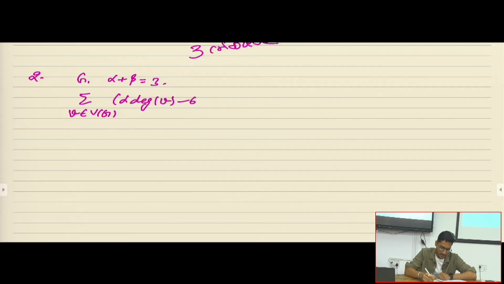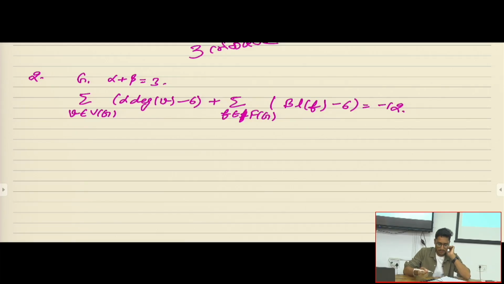We are given a plane graph G and given that alpha plus beta is equal to 3, and we have to prove that the summation over vertices v of alpha times (degree of v minus 6) plus the summation over faces f of beta times (length of f minus 6) is equal to minus 12. We just open the summation.